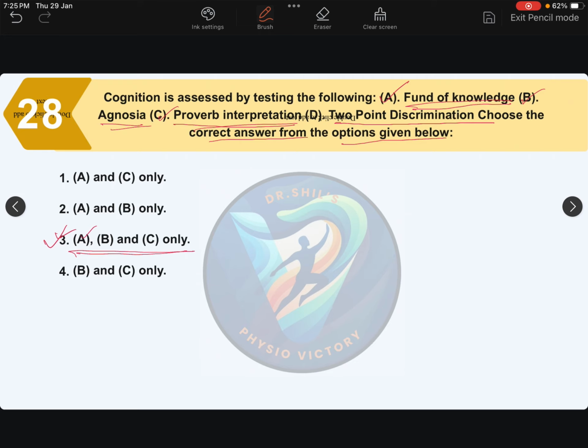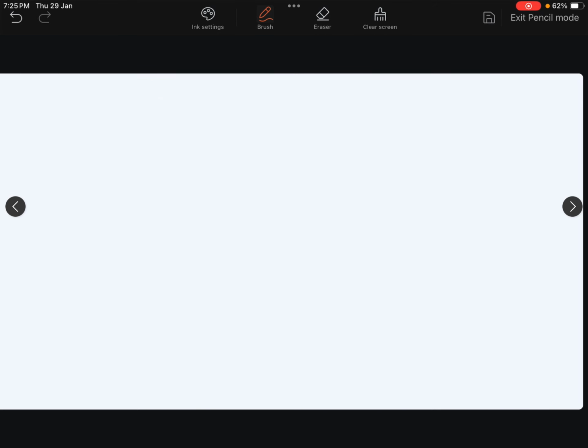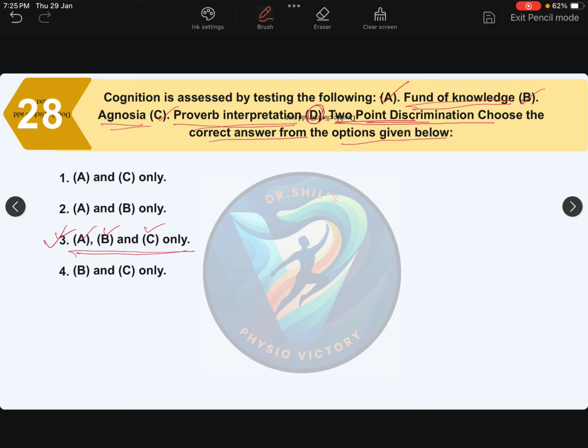Basically, A, B, and C are correct. D, 2-point discrimination, is basically a sensory cortical test, not a cognition test.